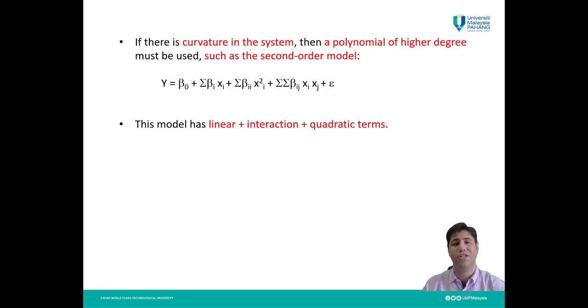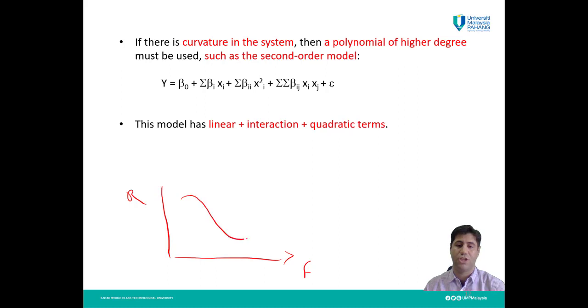But if we have a curvature in the system, then a polynomial of higher degree must be used, such as a second order model. For example, the response is changing by changing the factor like this. The amount of response in each level of the factor will be like this. A polynomial curve, you already know about that from regression analysis actually.